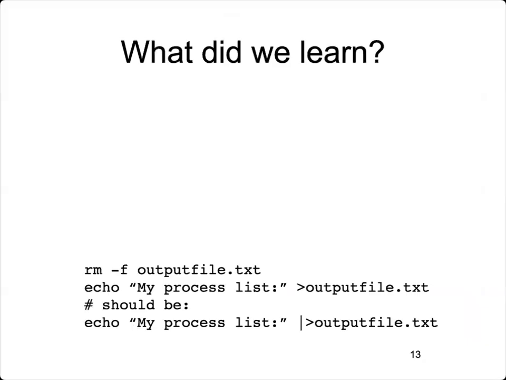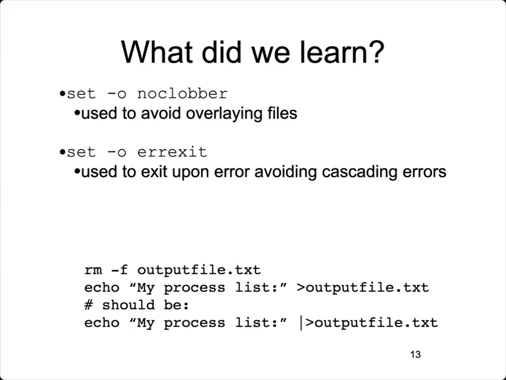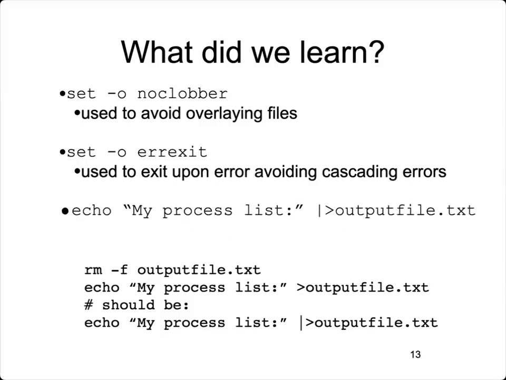Okay, so what did we learn? That no clobber is used to avoid overlaying files, right? We're going to get an error if we try. And errexit is used to exit upon the first error, so we avoid any cascading errors.